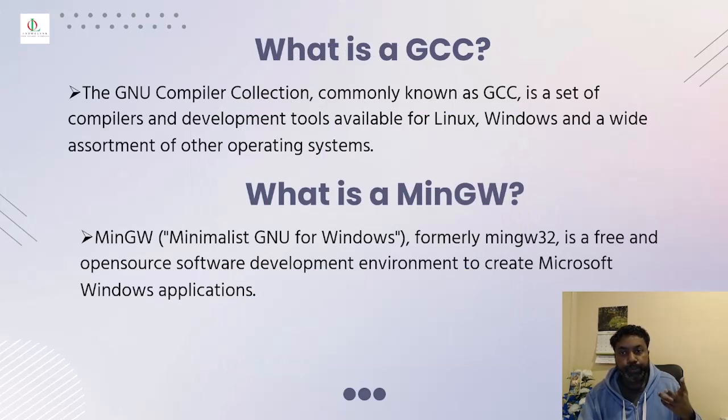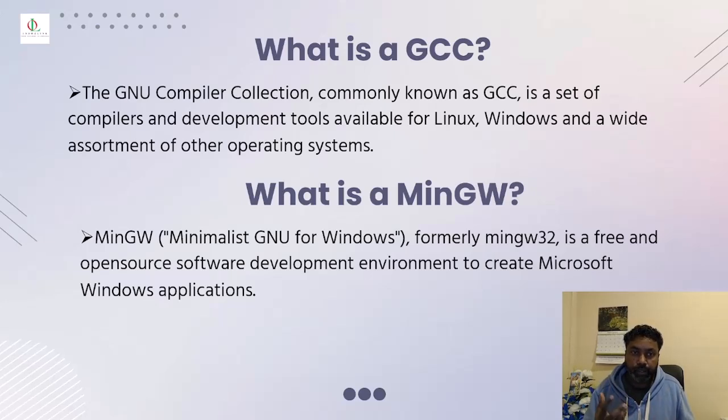There are two technical terminologies that you have to understand when you do the host machine compilation for the embedded processor, the target compilation. For the target compilation to run in the host machine, you need GCC.